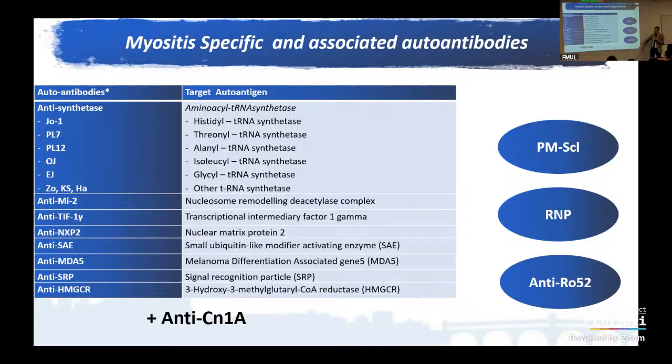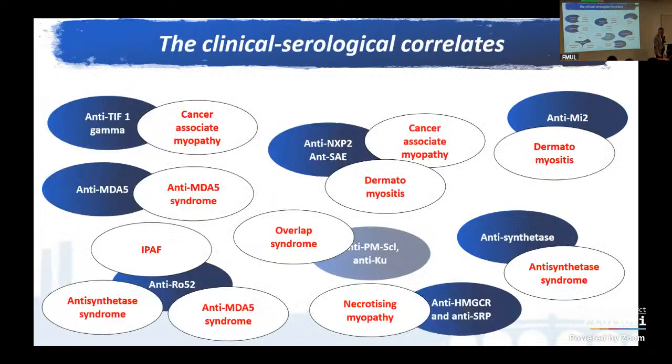but we have myositis-specific and also associated antibodies that could support us in the assessment of the patient, because we have a lot of conditions referring to myositis spectrum disorder, since we perform a clinical-serological correlation between autoantibodies and diagnosis.